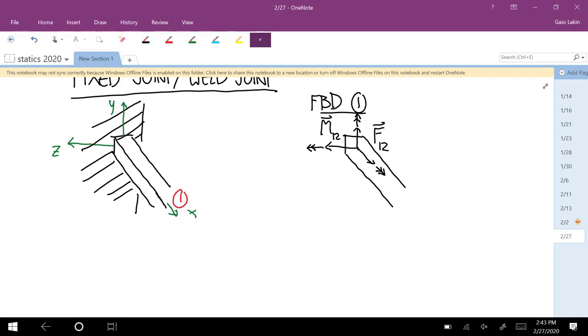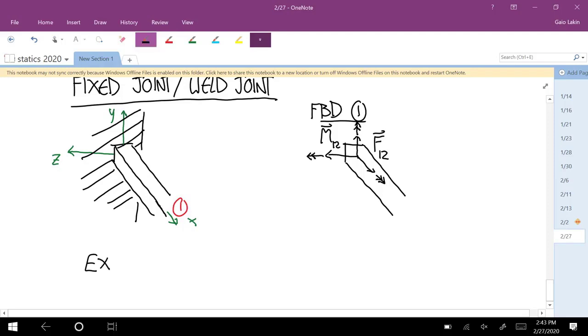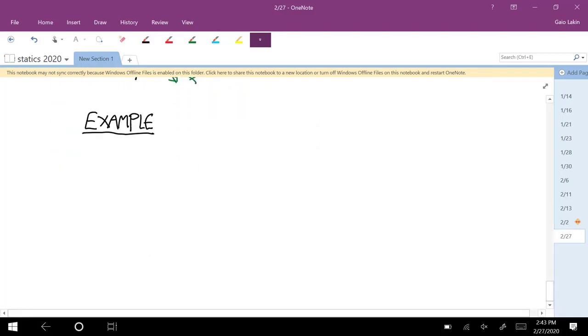All right, let's do a 3D problem. Okay, so let's say this is like a sign, like on the roof of a restaurant or something.